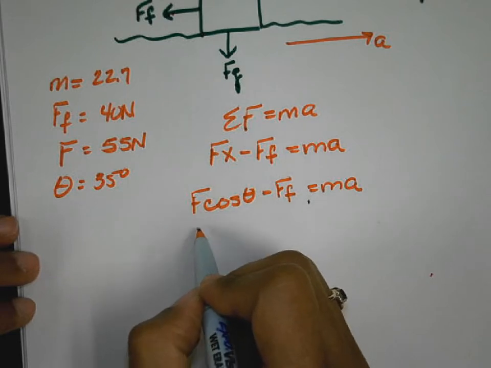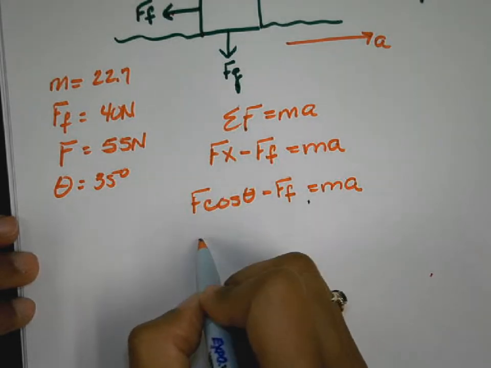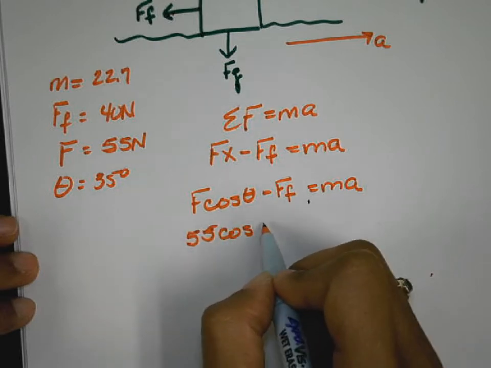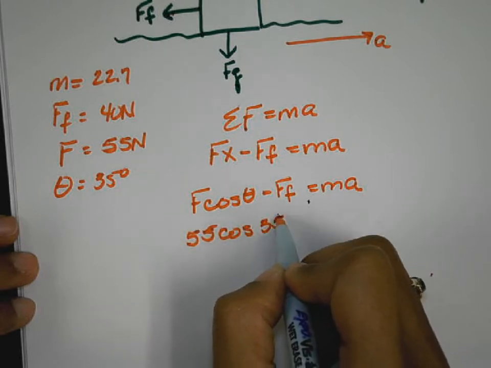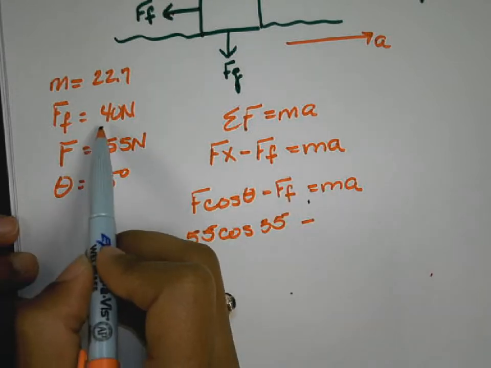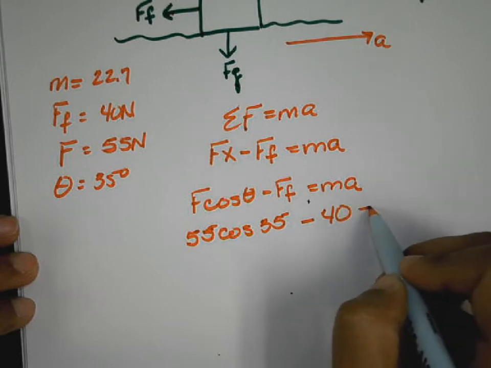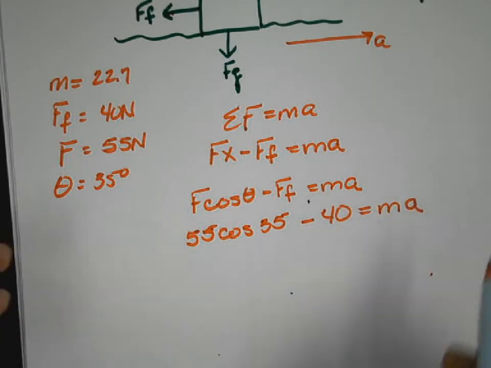So the force on the x is 55 cosine of 35 minus, and they give you the force of friction right there, which is 40, is equal to ma.